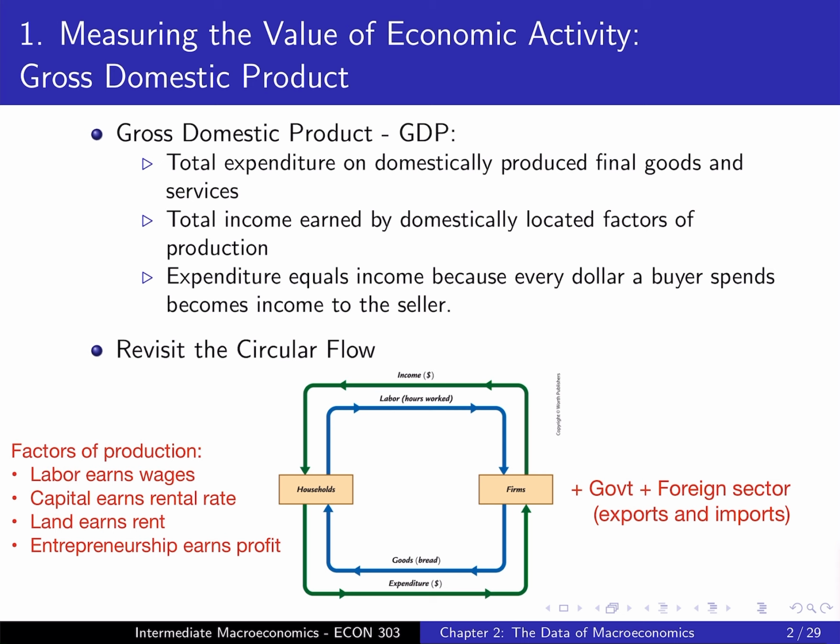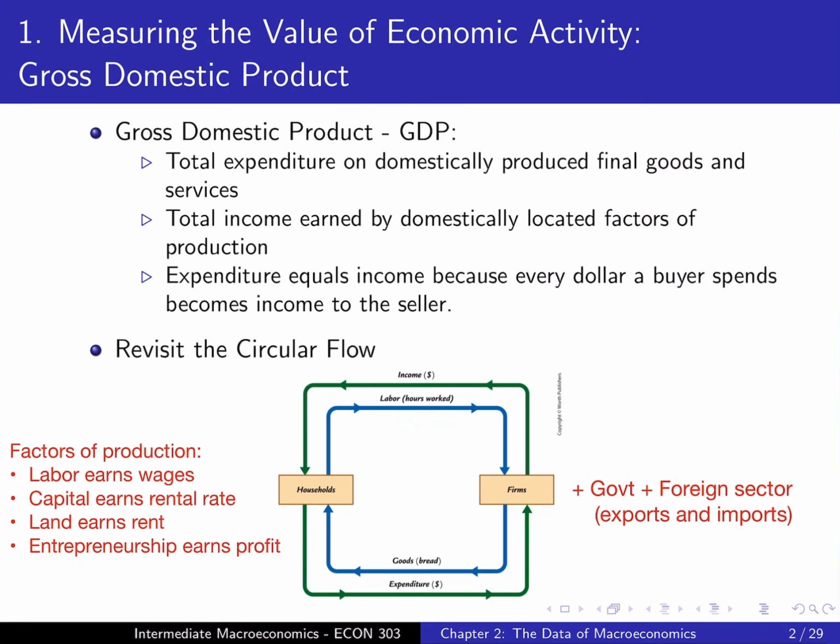The foreign sector introduces exports, an injection into domestic income, and imports, a leakage from domestic spending. This expanded circular flow captures the full picture of economic activity, connecting domestic production, government policy, and international trade.